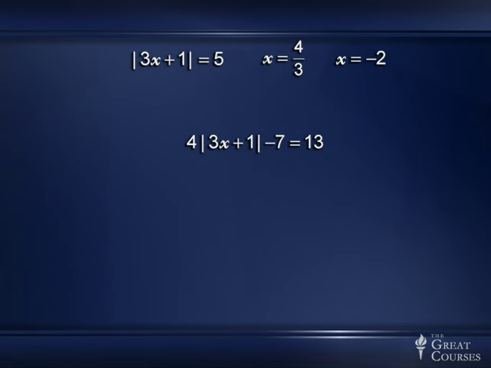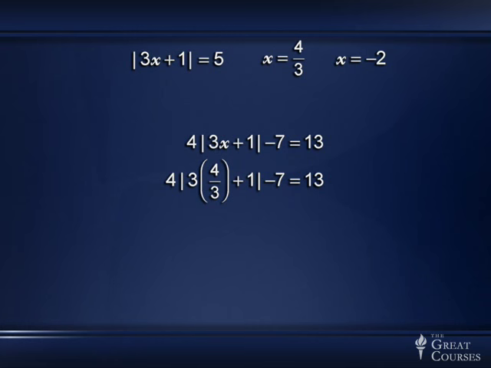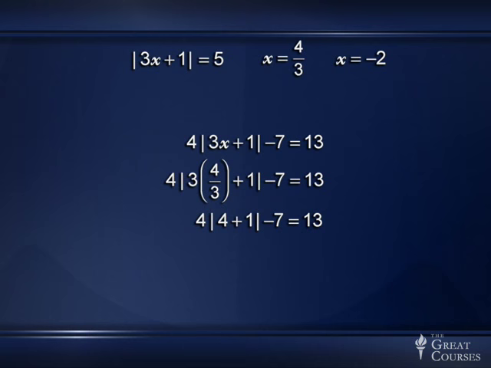The original equation was 4 times absolute value of 3x plus 1 minus 7 equals 13. If I plug in 4/3, I have 4 times absolute value of 3 times 4/3 plus 1 minus 7 equals 13. The material inside the absolute value simply becomes 4 plus 1. 3 times 4/3 is just 4.